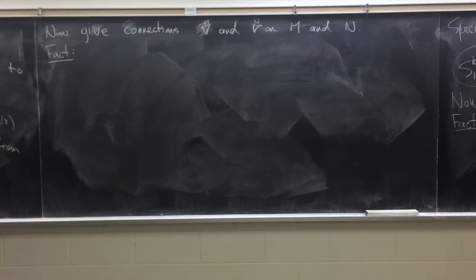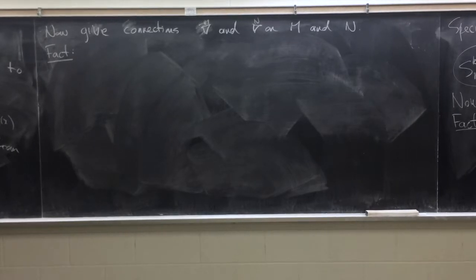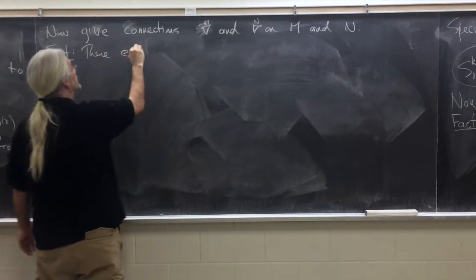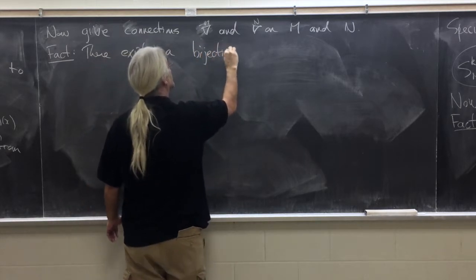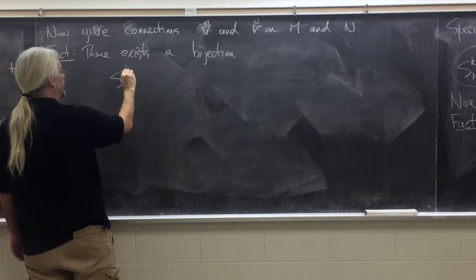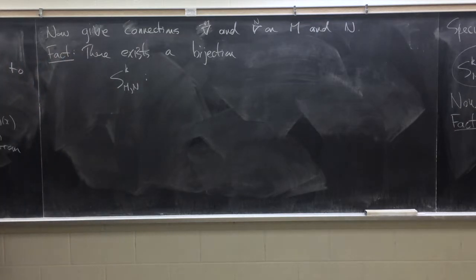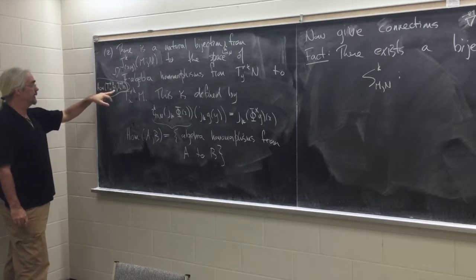It's one of those things where once you've assembled all of this data, there's only one thing that can possibly happen here. That doesn't mean that it's easy to prove, but by naturality you could at least write the statement. So there exists a bijection, I'm going to call this one S^k_{MN}, from jet bundles of order k like this into these guys.